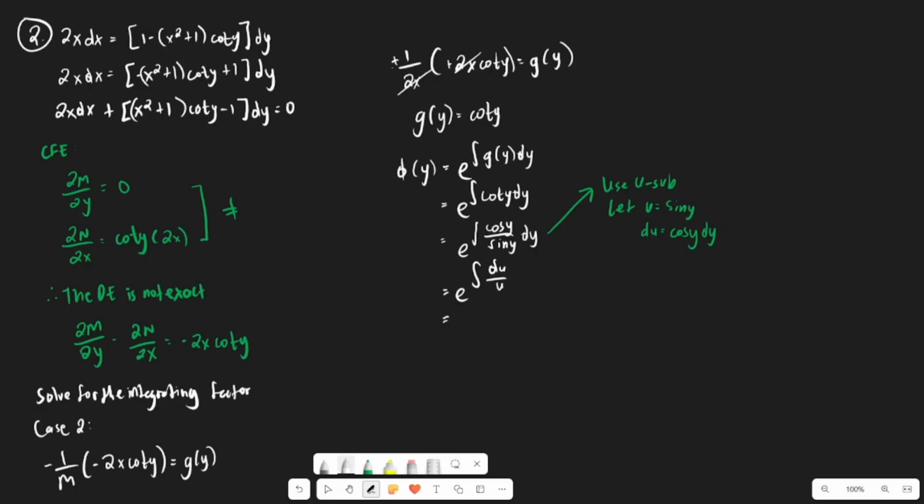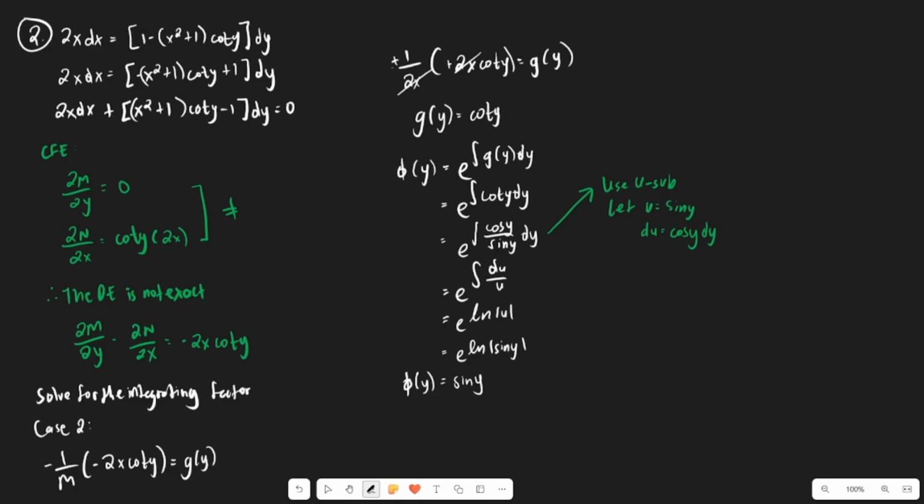Now the integral of du over u is basically ln u, but u is sine y, so we have e raised to ln sine y. And when we simplify this using the property of logarithm, we would have just sine y. So now we have the integrating factor, which is sine y. So phi of y is equal to sine y.